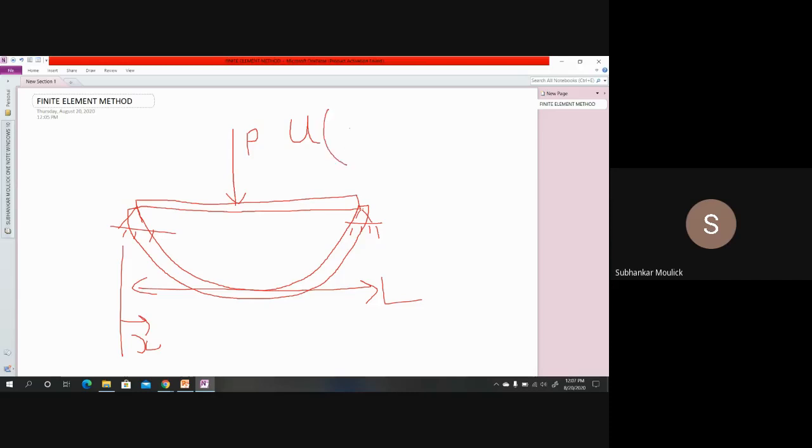So the value of u is 0 when x is 0. This is the essential boundary condition. Similarly, the value of deflection u will be 0 when x is L.